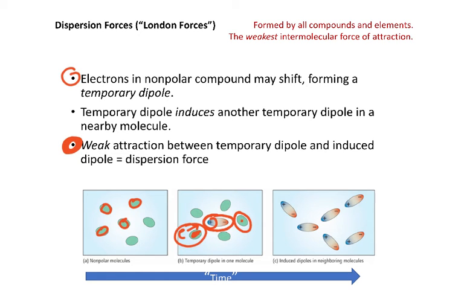And the ripple effect, essentially, is that one induced dipole will create more induced dipoles, which will then flow through the molecules. Okay, and this induced dipole in neighboring molecules will produce an attractive force between them. It's weak. It will be shifting and moving. It's not going to be a very strong attractive force, but it is there. Okay, and so this is something that we need to consider when we're thinking about intermolecular forces.